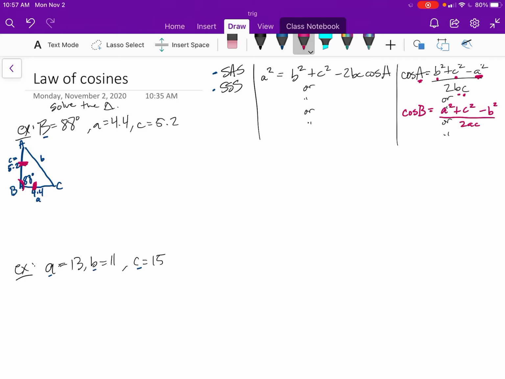And that is exactly what the formula would be. So it doesn't matter which version you use. Okay, do you want to go for big A, big B, or big C? Likewise, we could get cosine big C. Now I know it's going to be minus c squared, and then I'll have a squared plus b squared over 2ab.